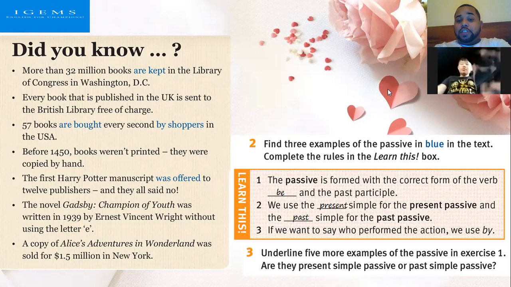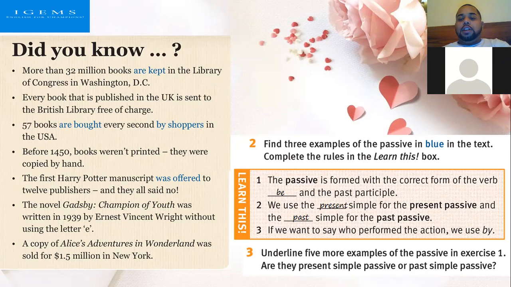So now exercise number 3. Now you may have the freedom. I think you already learned the rule. You already understand the rule. And now I'm going to give you the opportunity to underline the exercises. Let me pass you the share button.